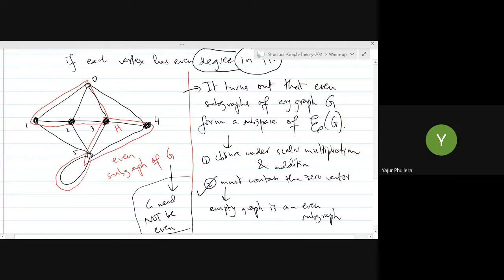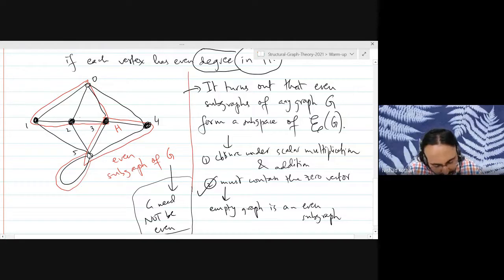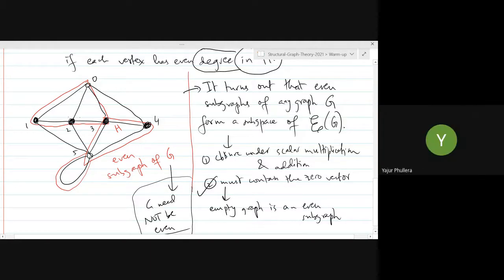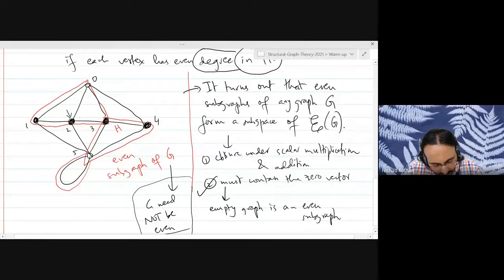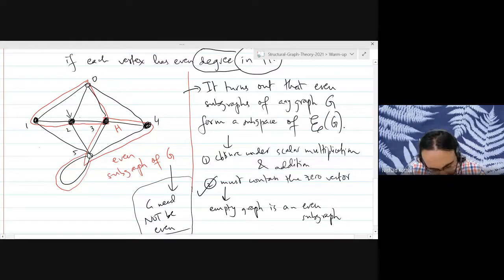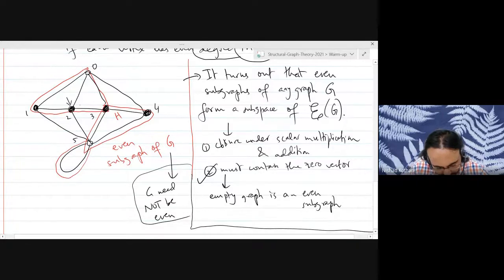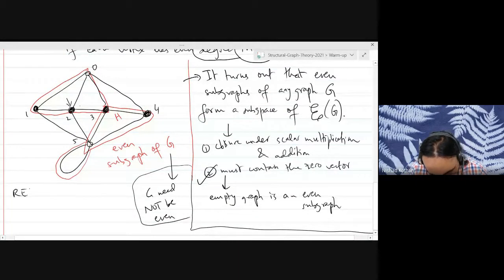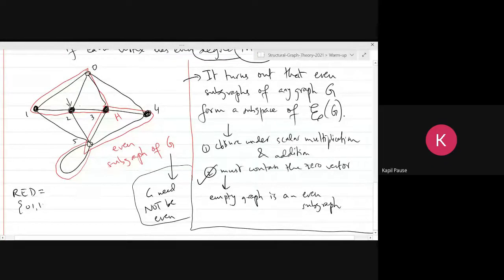So for the vertex 2, its degrees are 0,2; 1,2; and 3,2. No, 0,2 is not in our red set. Oh, okay. Right. So the red colored set, in case the colors are not clear, I'll just write down the red colored set. I think he's confused that the graph is induced.